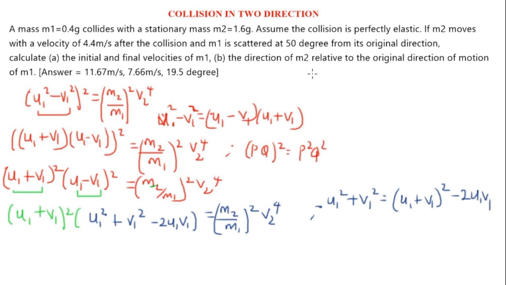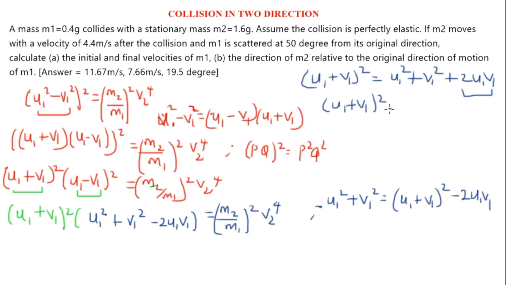The reason is that (u1 plus v1) all squared, if you expand it, gives u1 squared plus v1 squared plus 2u1 v1. So if I take this to the other side, it becomes (u1 plus v1) squared minus 2u1 v1, which equals u1 squared plus v1 squared.